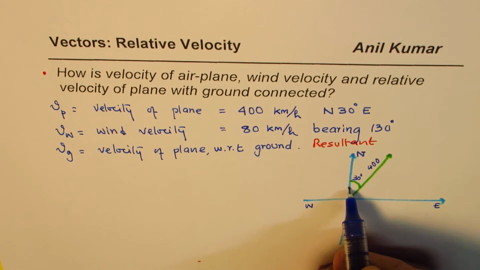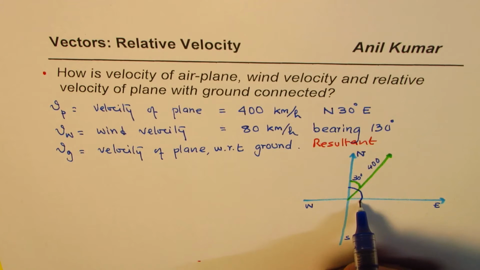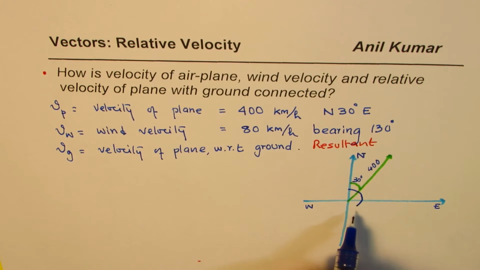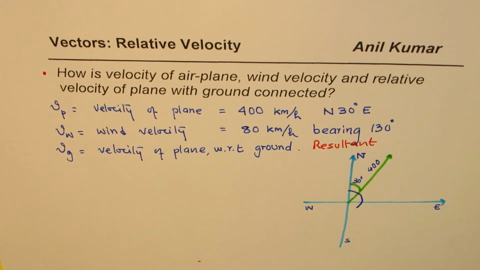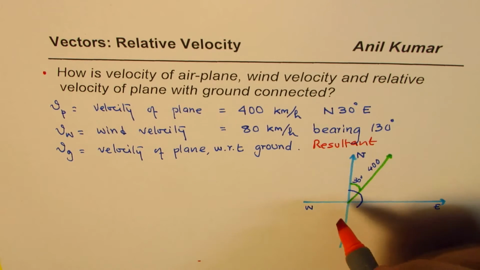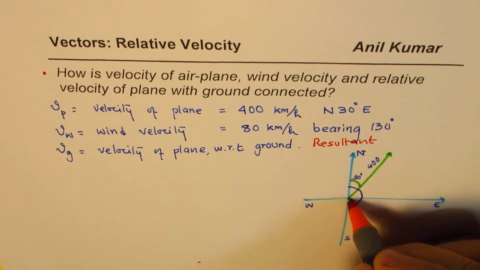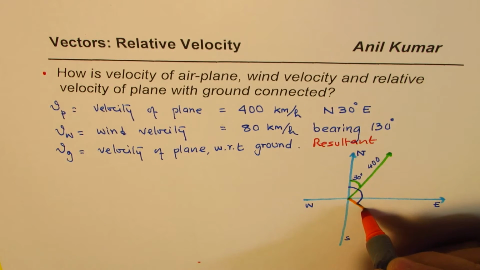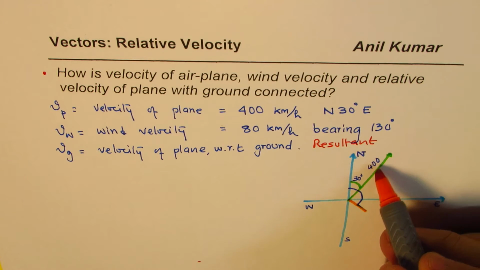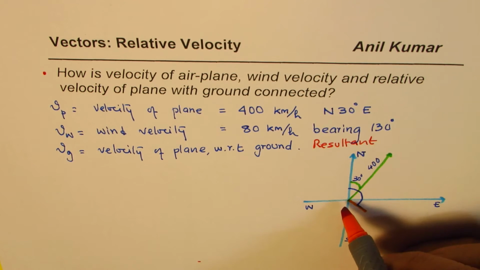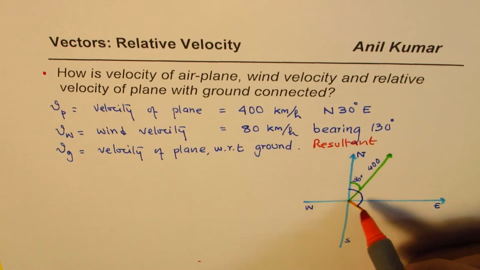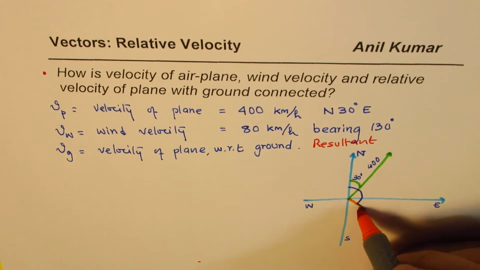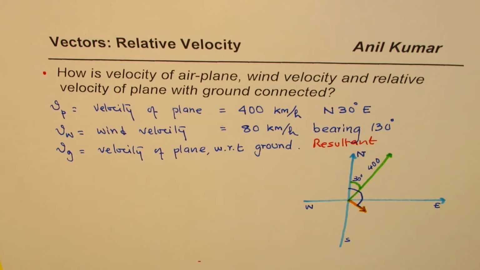So from north, this is 90 plus 40. 90 plus 40 is 130. So let me show that wind velocity as kind of like this. So it's relatively small. The magnitude this much is, let's say, 400, so that is kind of less than 1/4. So that represents my wind velocity. Is it okay? So that is how we get it.